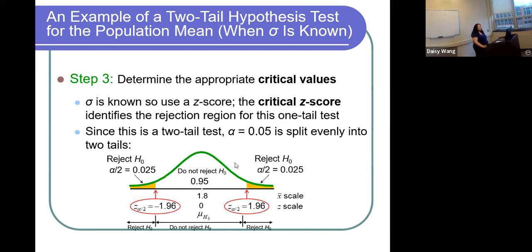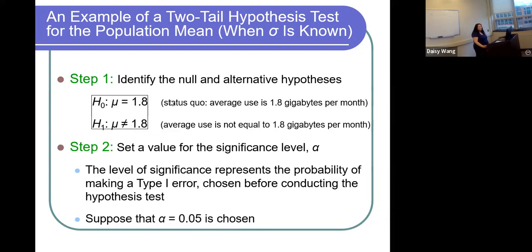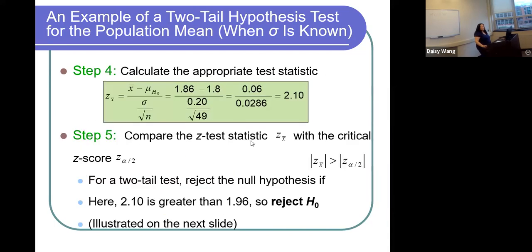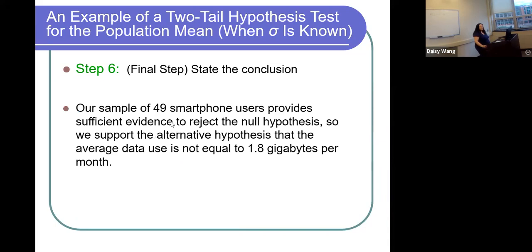So it's actually outside of this range. Reject. All of this 49. Average.